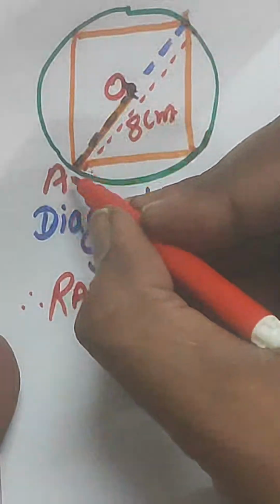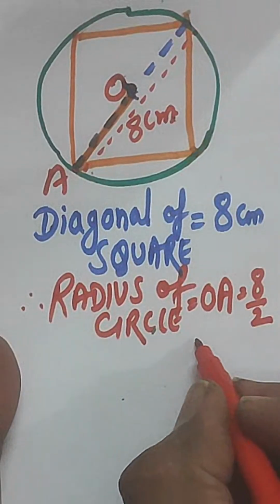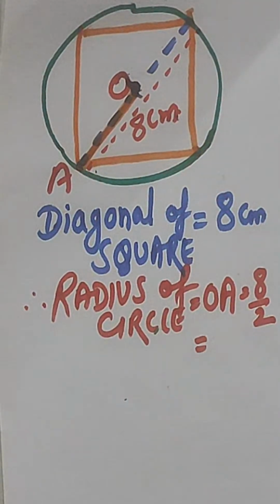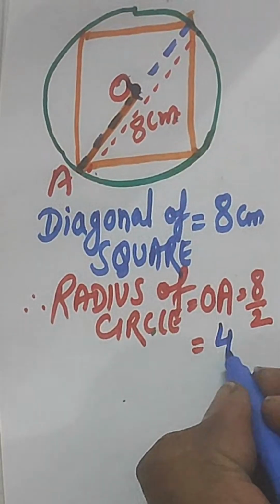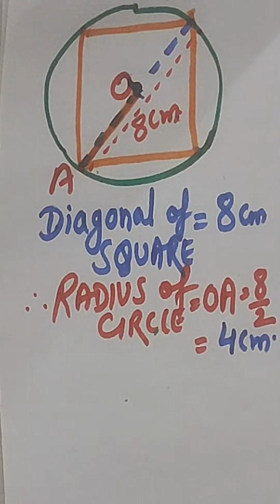If this is 8, then OA will be 8 by 2, which is equal to 4 centimeter.